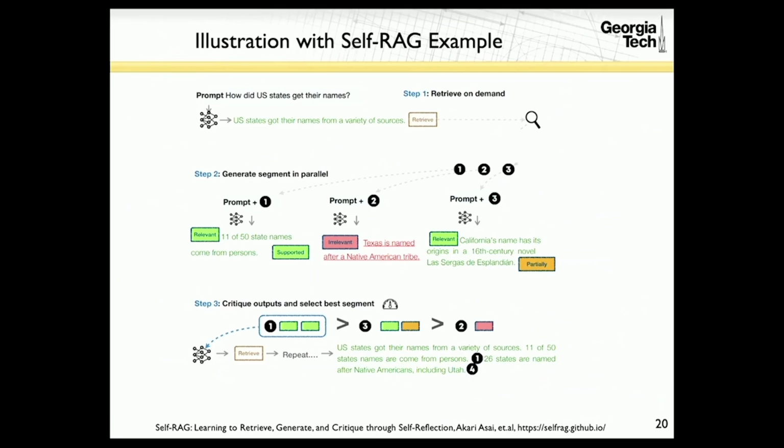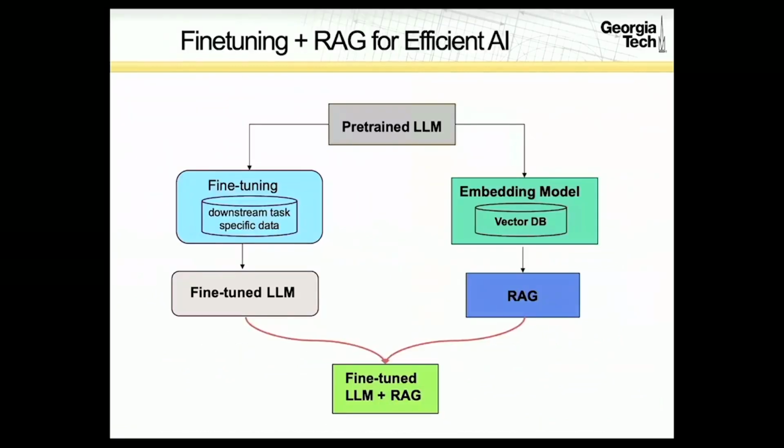These are very easy to understand, but they illustrate what is going on with advanced prompt engineering techniques. And then I want to mention a little bit of how these tools can be combined. If you look at a pre-trained large model, no matter whether large language or large vision, though the large language model has a lot more research today. If you do fine-tuning on the downstream task with the downstream data, you generate a fine-tuned model.